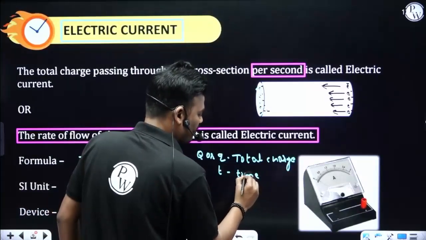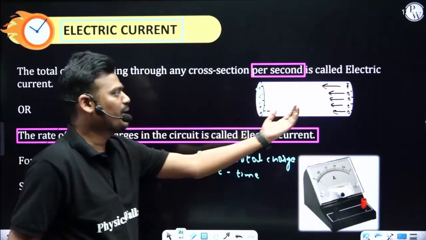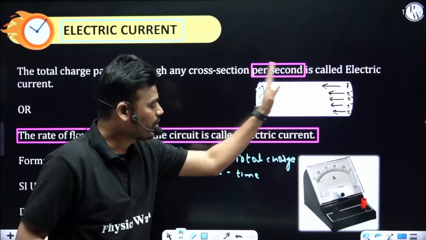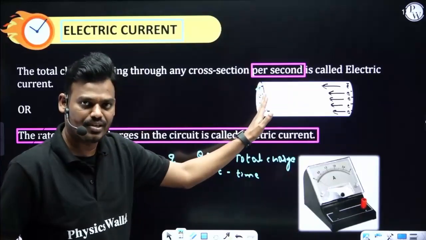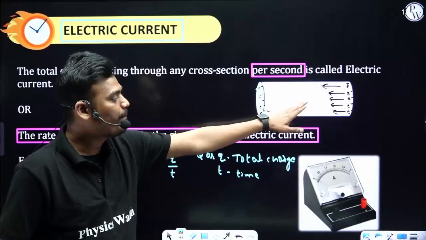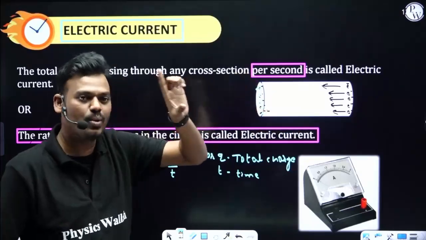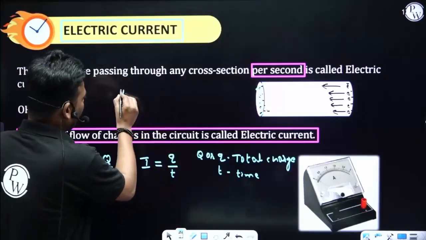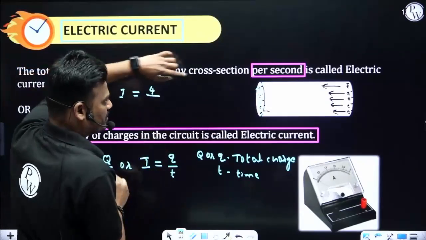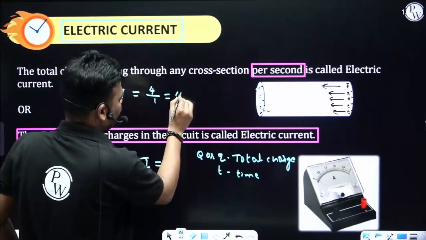Okay. Time. In 1 second, how many charged particles are flowing through the area of a cross section? So for example, let's say 4 electrons pass through this area of cross section in 1 second. So according to that, 4 charges per second, that means it is 4.